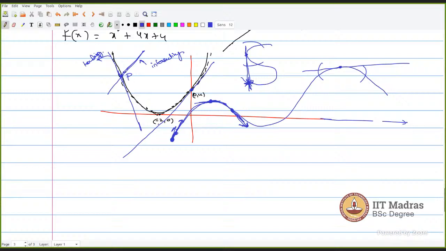The line does not cut the same curve at a nearby point near the point P. It can cut the curve at some other point, so we should just see the smaller interval around this point.